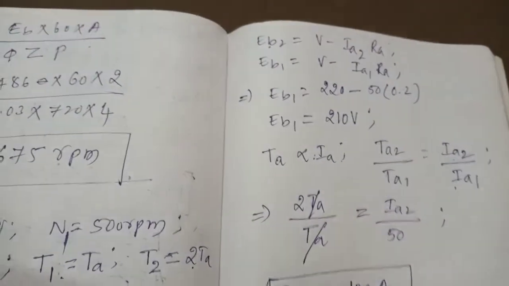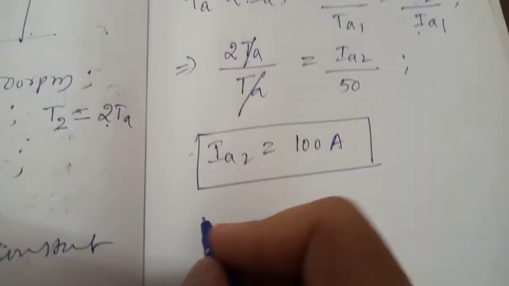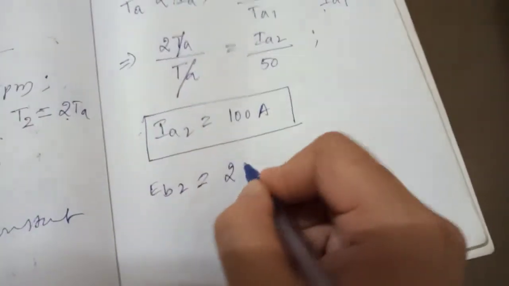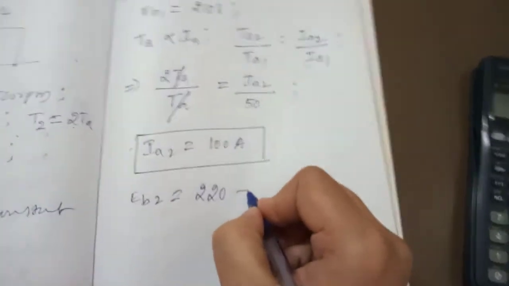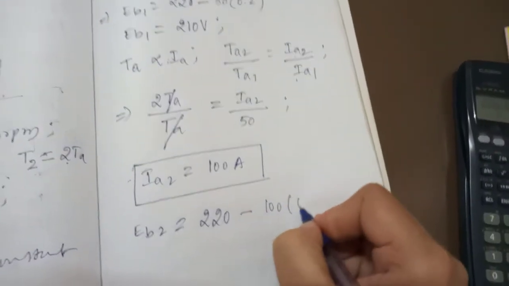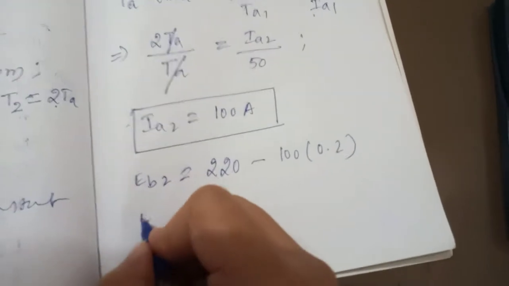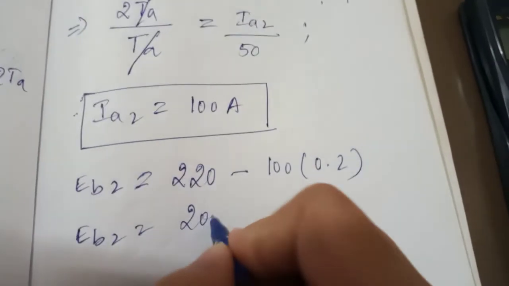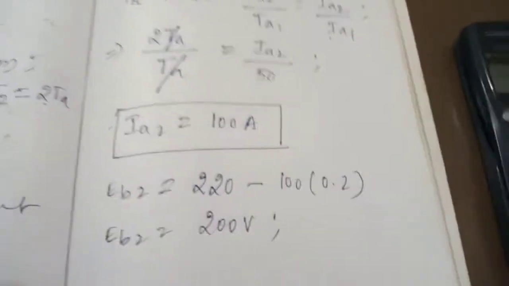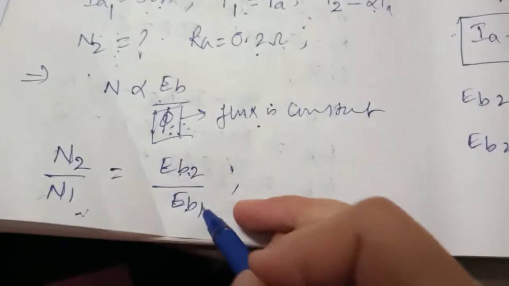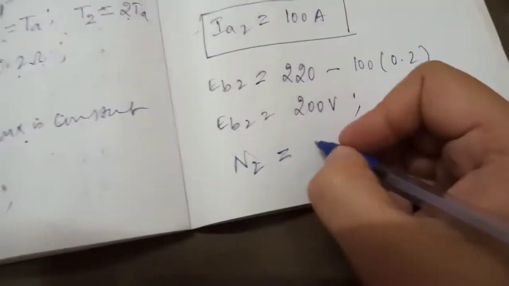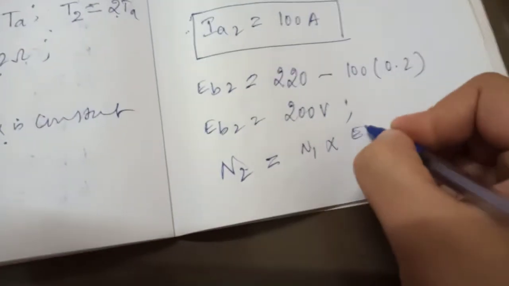Now substitute this IA2 in the formula. EB2 is equal to 220 volts minus 100 into 0.2, so it will be 200 volts. Now I have EB2 and EB1, and I already have the N1 value. N2 is equal to N1 into EB2 by EB1.